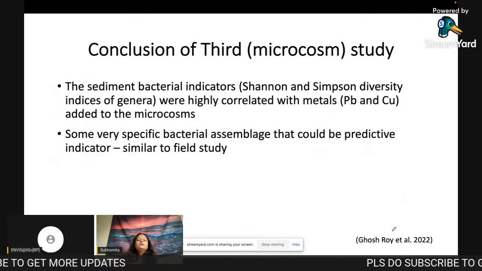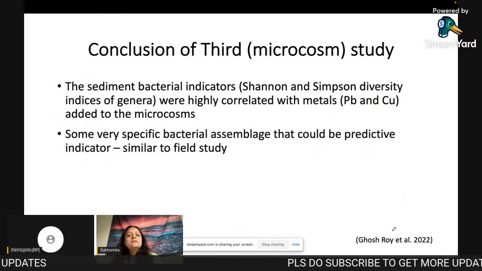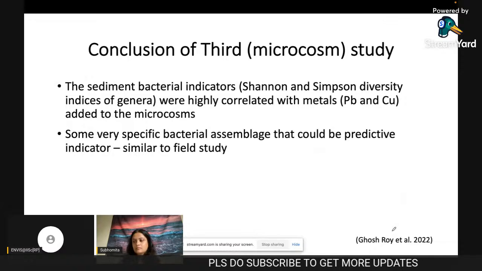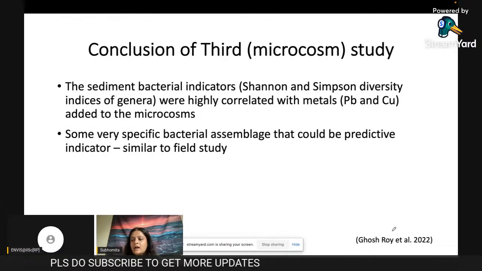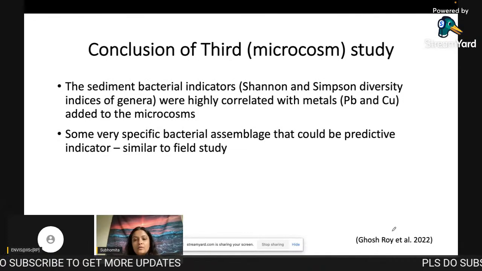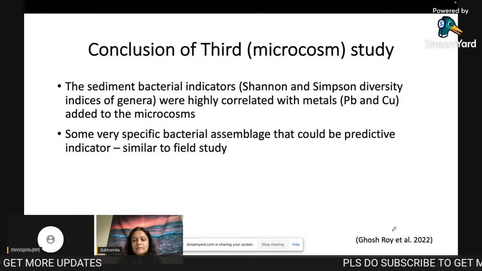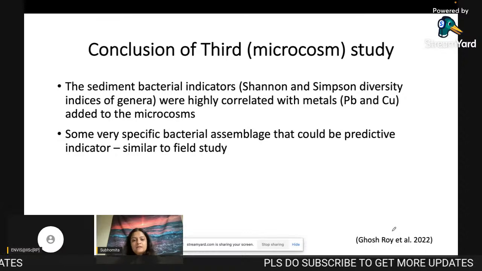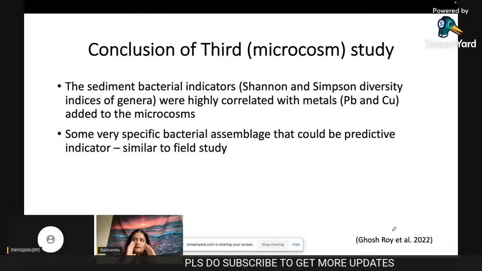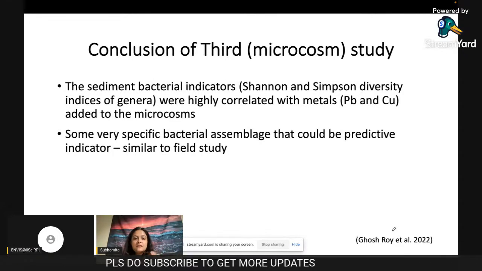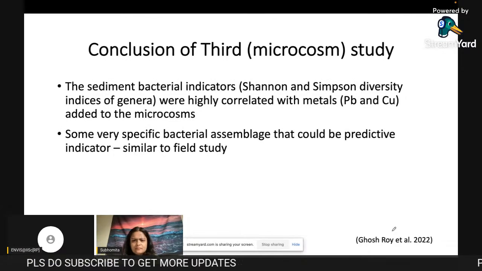So the conclusion is that the sediment bacterial indicators were all highly correlated with these metal factors. We again found some predictive indicators very similar to the field study, and this gave us a direction towards the calibration factor.